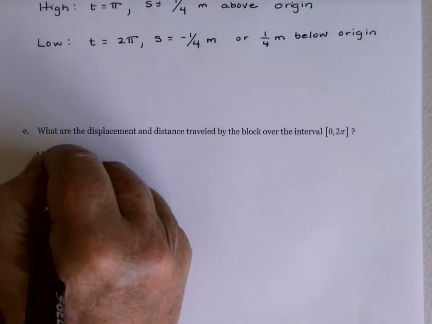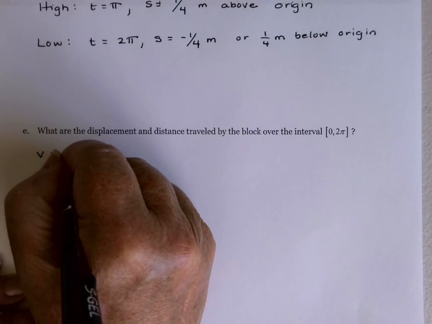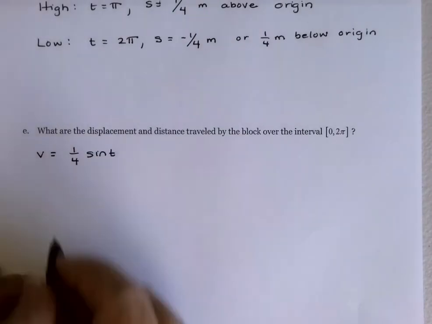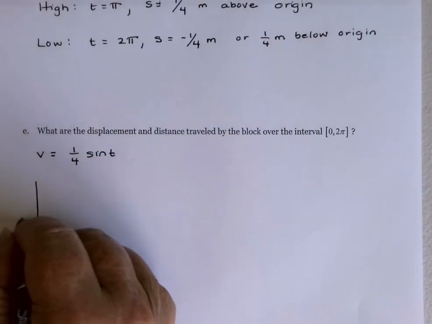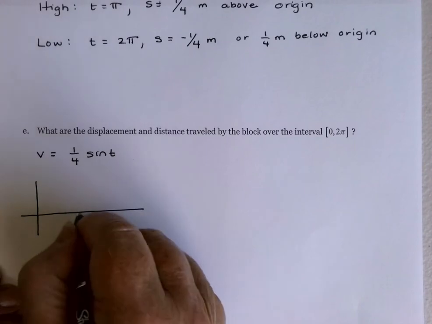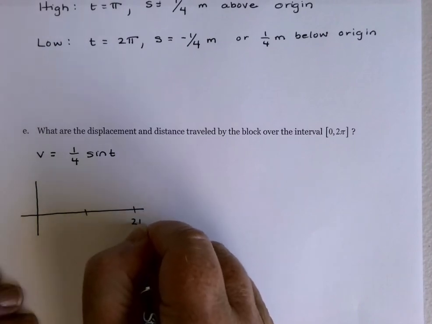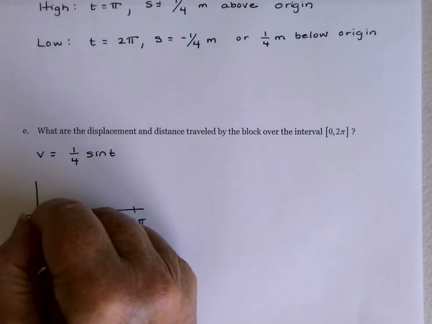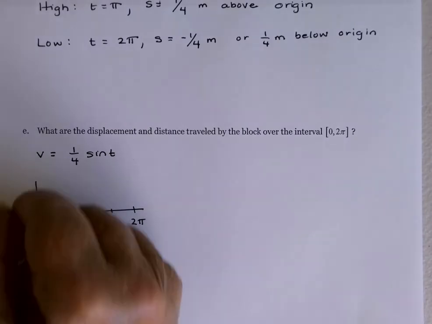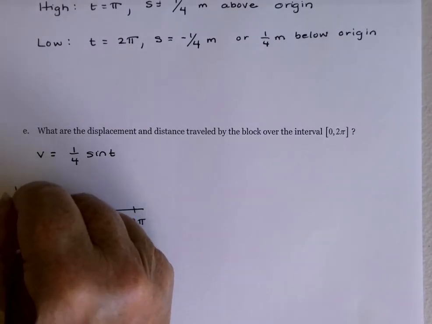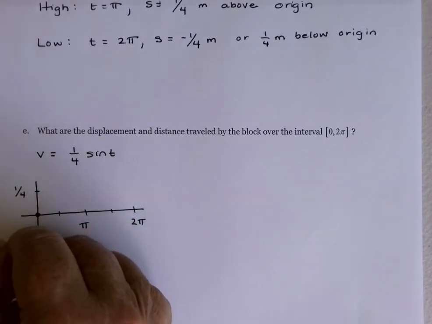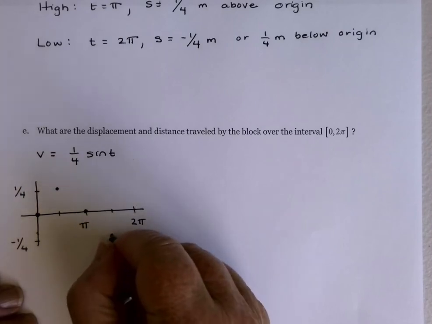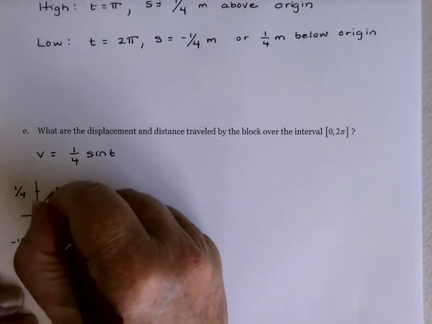Our velocity function was v is equal to 1/4 sine t. And again, you can either do this by hand or you can use a calculator. But our sine function would just start at 0, and it's going to have an amplitude of 1/4. So there's a quick little sketch.